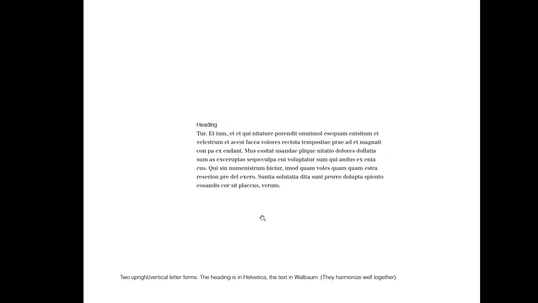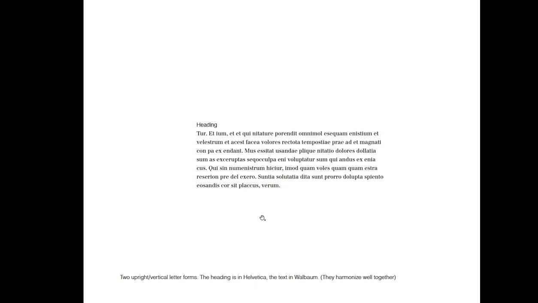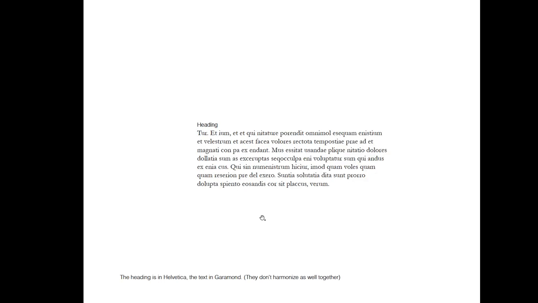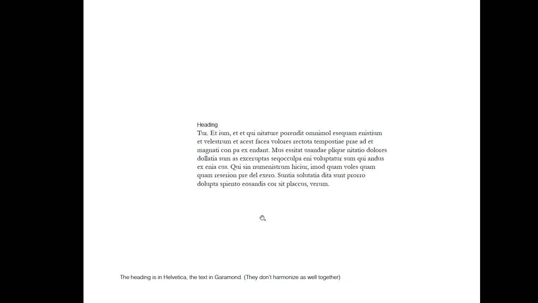If you take a look at the same heading in Helvetica and you combine it with Garamond, Garamond is a much rounder typeface, and they don't harmonize as well together. It's not that you can't use them, it's just if you do a compare and contrast, it seems like the first one harmonizes slightly better than the second one because the internal structures are similar. You can see more narrow and upright, more rounded.